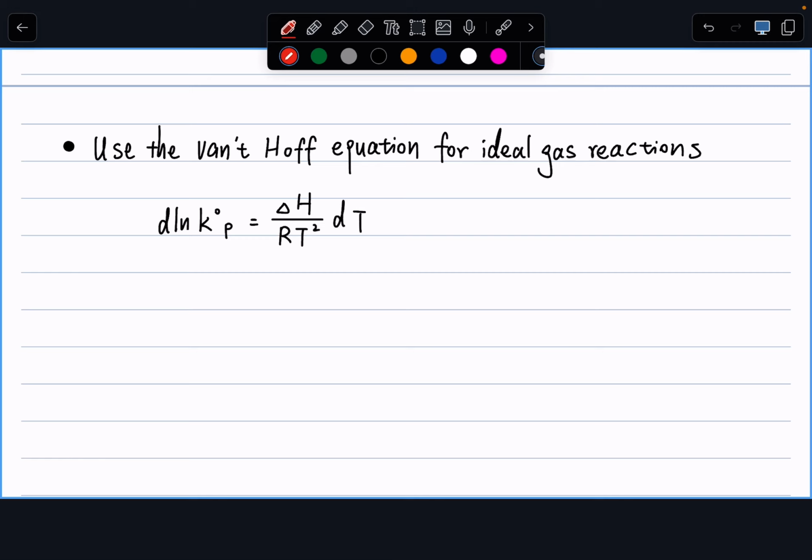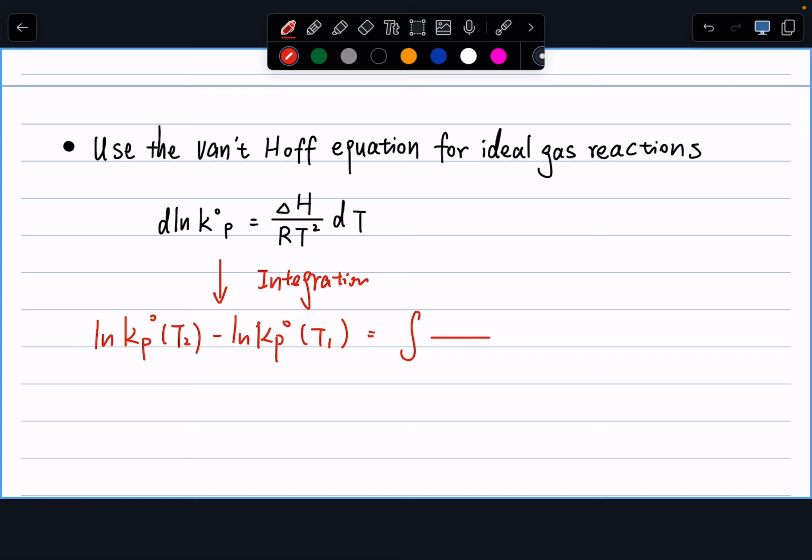And when we're calculating the change of ln Kp, if we do the integration on both ends, we get ln Kp naught at T2 minus ln Kp naught at T1 equals the integration of delta H over RT squared dT.